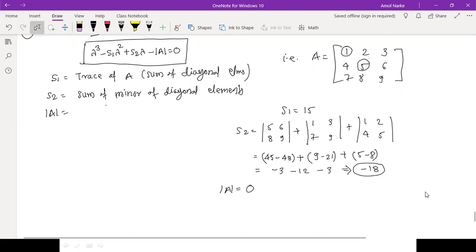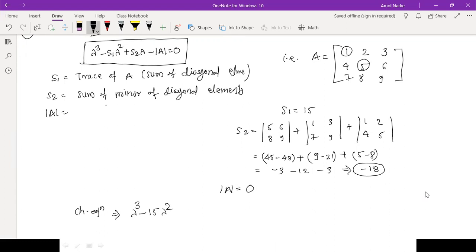So what is the characteristic polynomial? Its characteristic equation is lambda cube minus S1. The value of S1 is 15, so 15 lambda square, plus the value of S2, which is minus 18, so minus 18 lambda, minus 0, equal to 0.